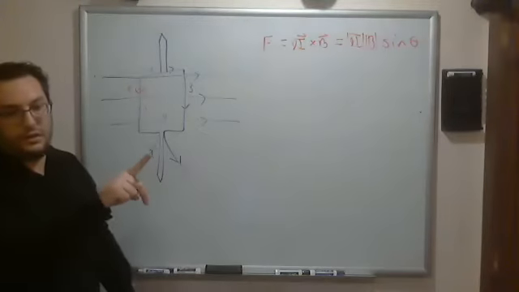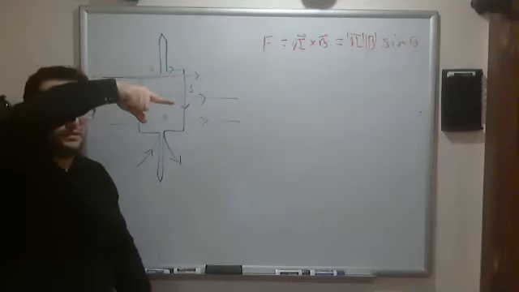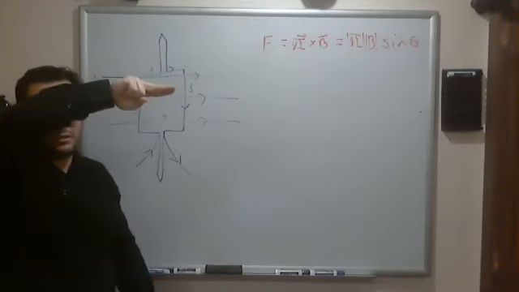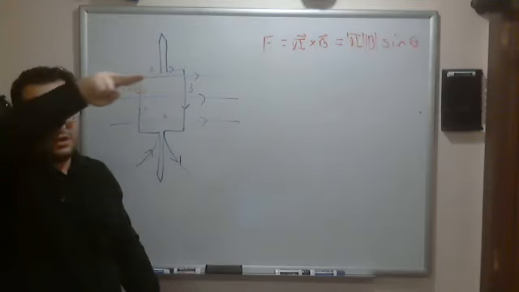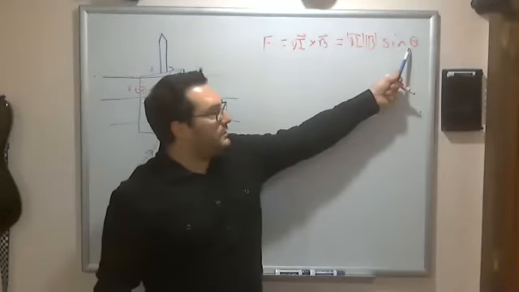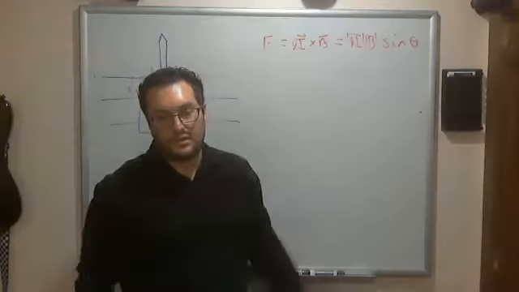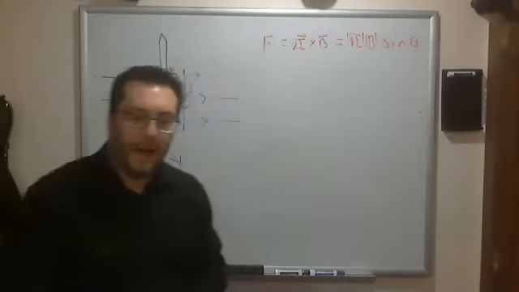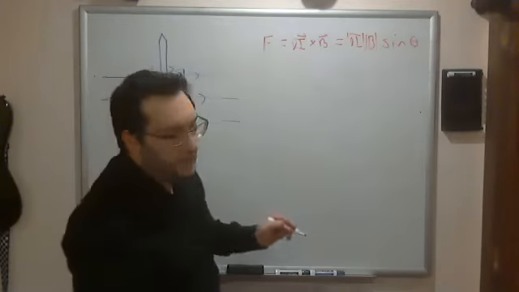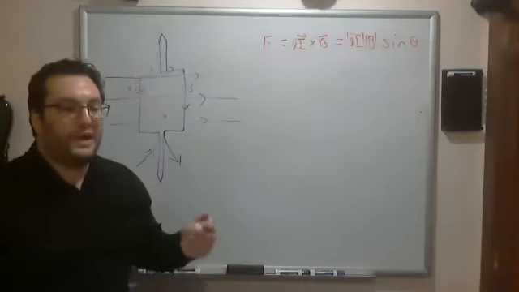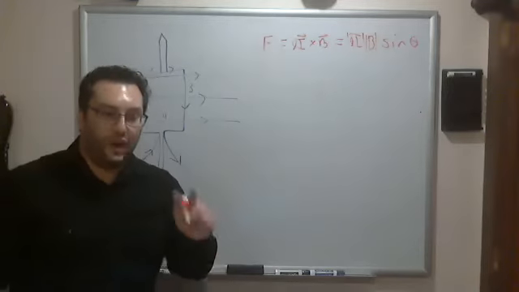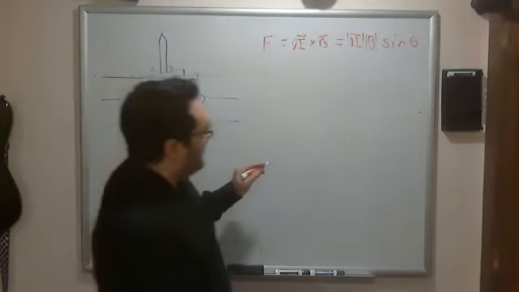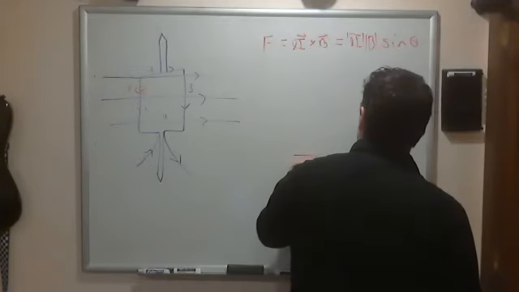Right? So this is the current, and then the B field is along the same direction. Sine of 0 is 0, right? And if you think about it, this makes sense, right? Because you can't define a single vector perpendicular to one line.